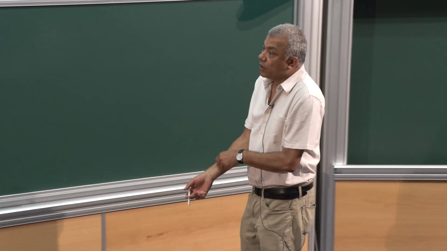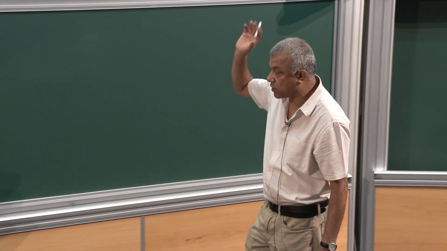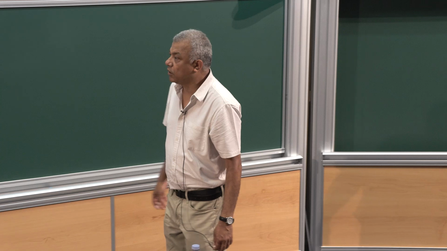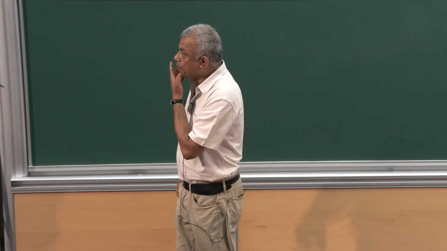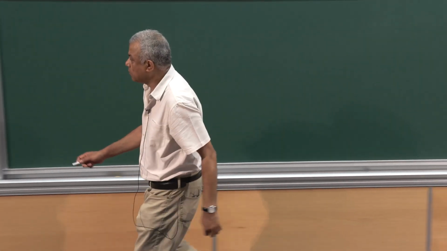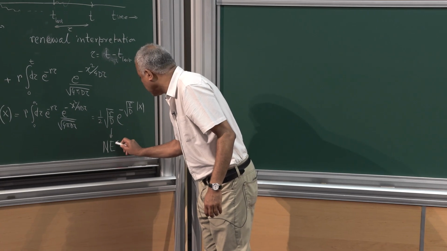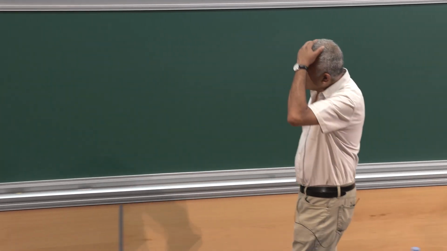So today I want to connect up with the first half of the talk, which is to multiple particles. I want to do multiple particles out of equilibrium, and the important thing was that this was a non-equilibrium stationary state, because the resetting violates detailed balance.